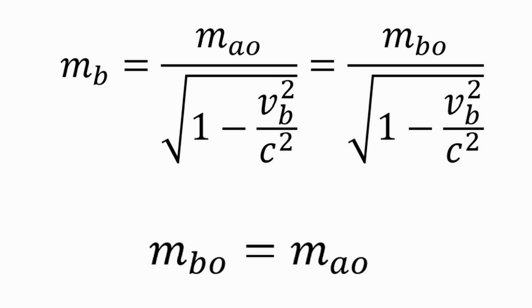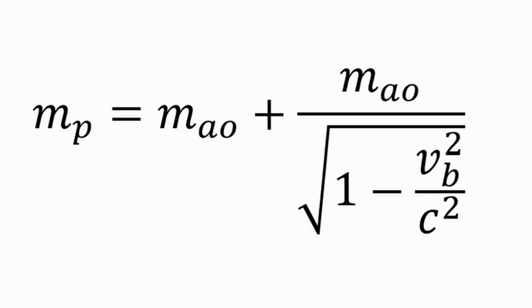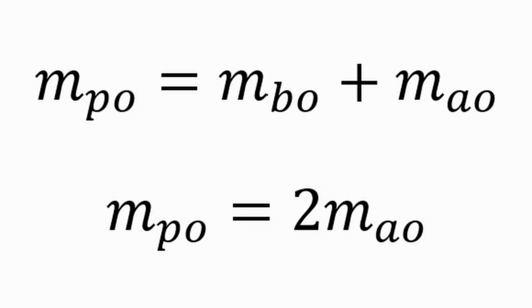So, the total mass for the original particle is, and the rest mass of the particle before split is.